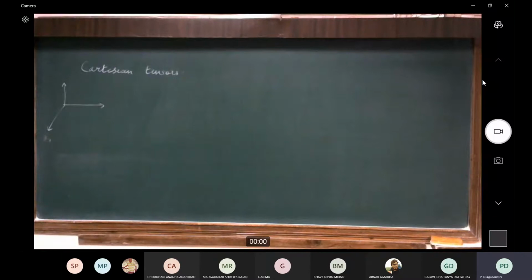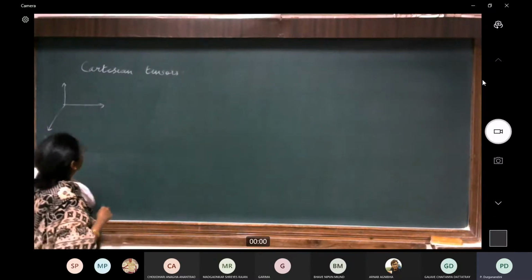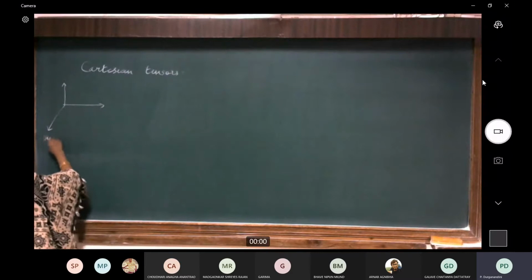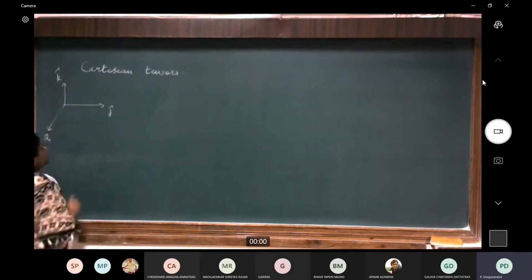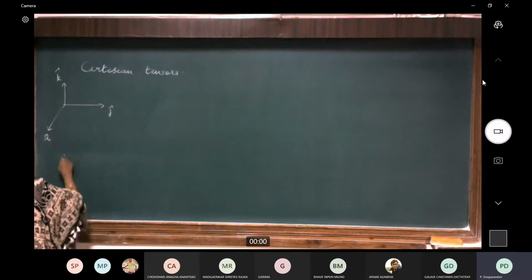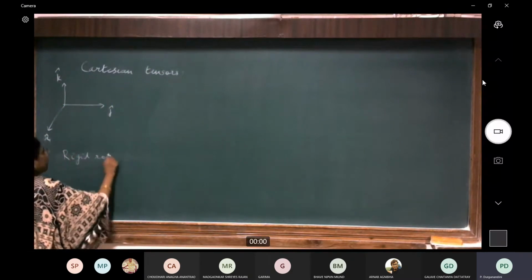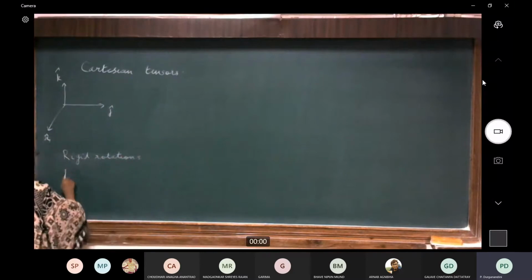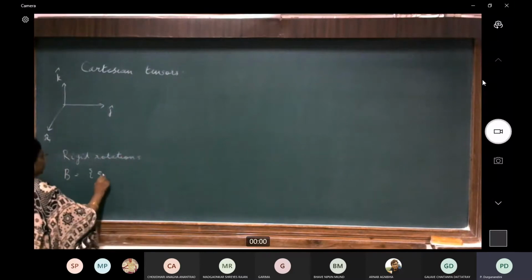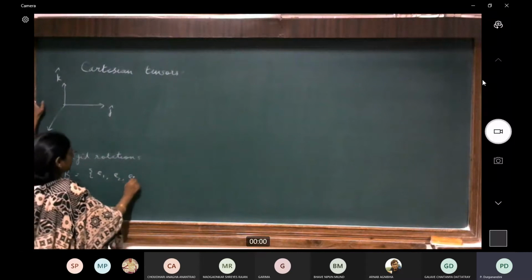Okay. So again, what we did yesterday was that we defined what we mean by Cartesian tensors, and everything I did was with respect to our three-dimensional space. I've chosen this Cartesian basis. We also did this with respect to what I called rigid rotations. So this was a transformation which took you from a basis given by a particular choice of axes.